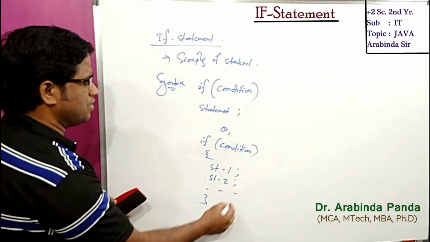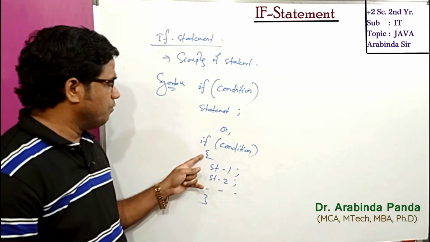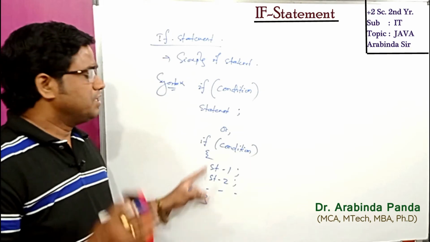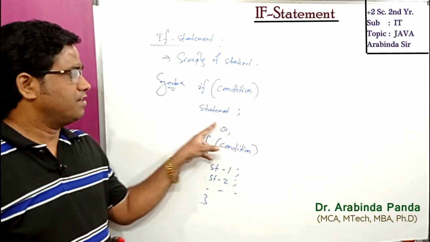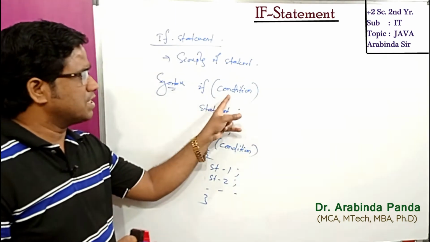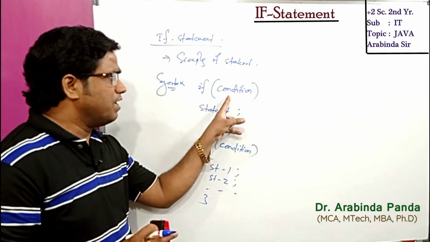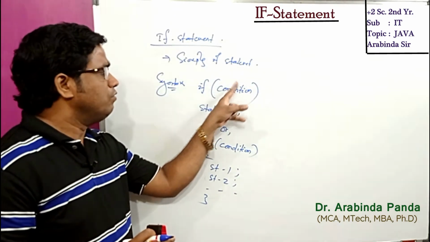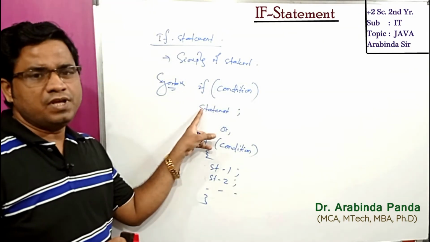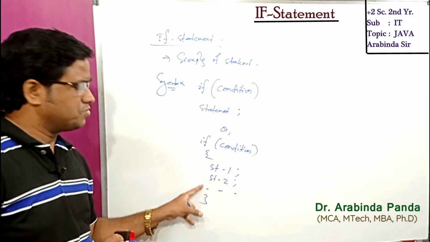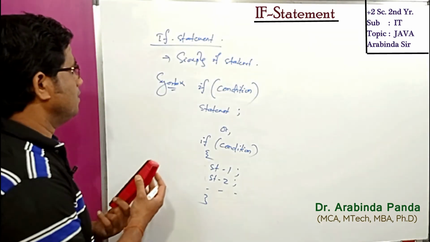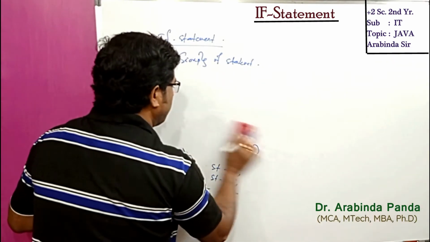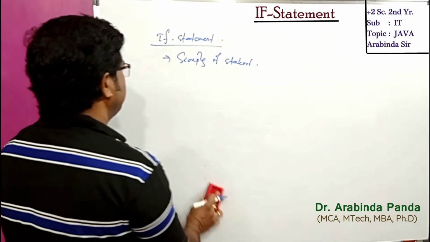So, if a block of statements is there, then you can put curly braces. If a single statement is there, then no curly braces are needed. This is the basic syntax, meaning if the condition is satisfied or returns a true value, then only this statement or this block of statements will be executed, otherwise not. So, let us see with an example, right.